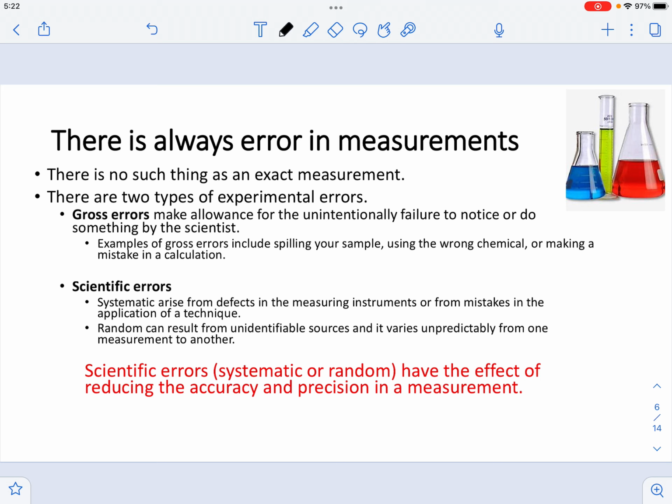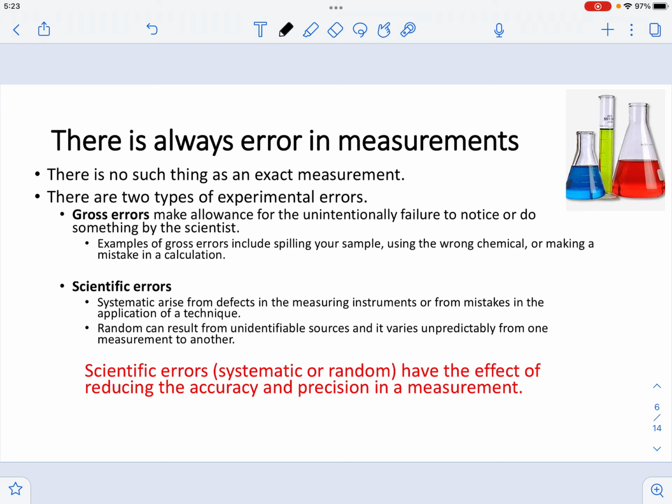So let's say that you are in the lab and after you measure some of your sample, there is some spillage as you're pouring it into the next glassware that you need to utilize to do the reaction. Let's say that there are names of chemicals that are very close. So for example, sodium bicarbonate and sodium carbonate are not the same thing, and you can incorrectly use one over the other.